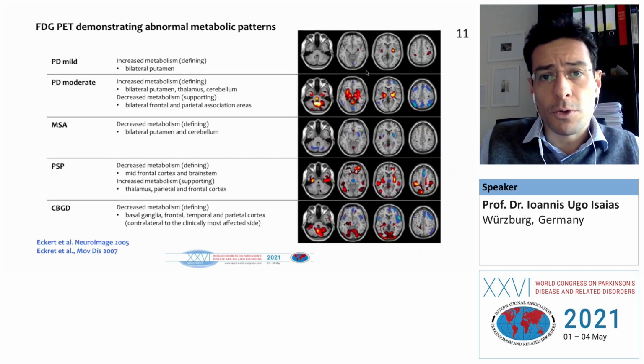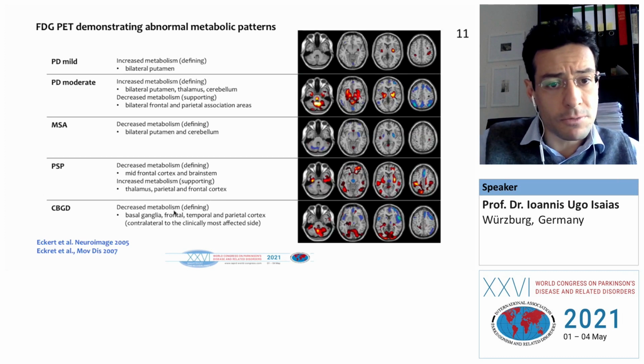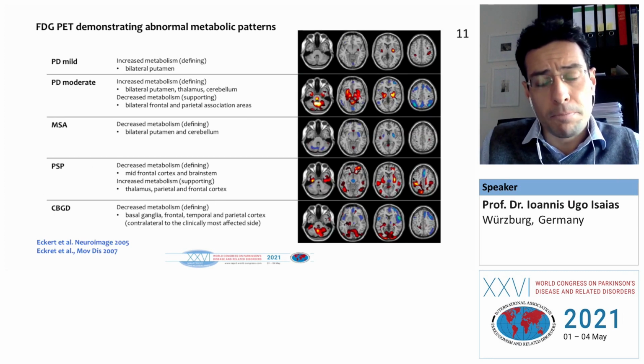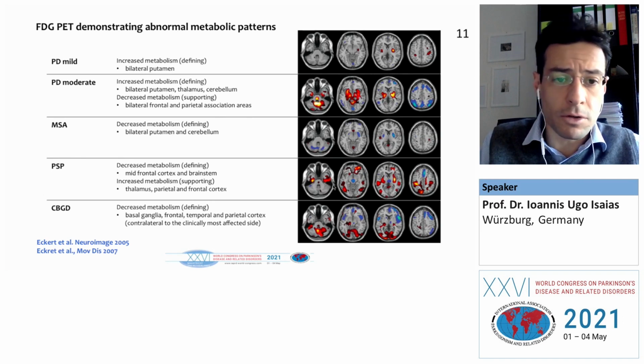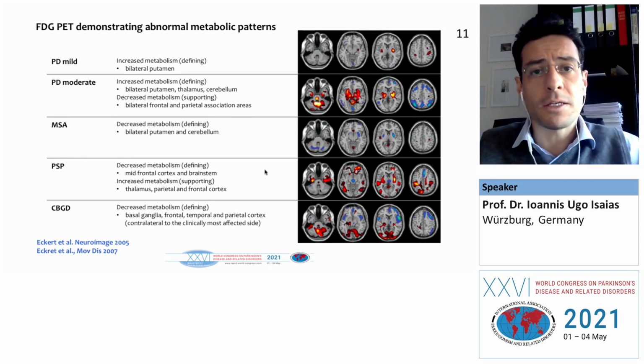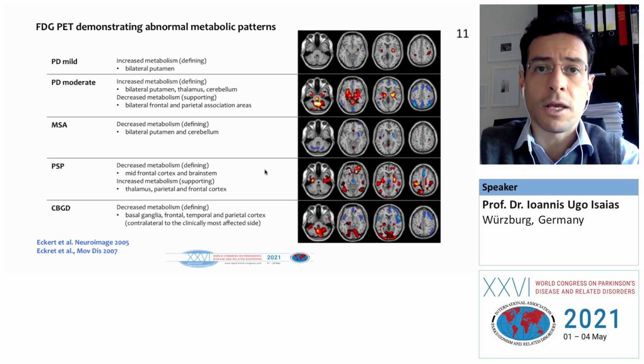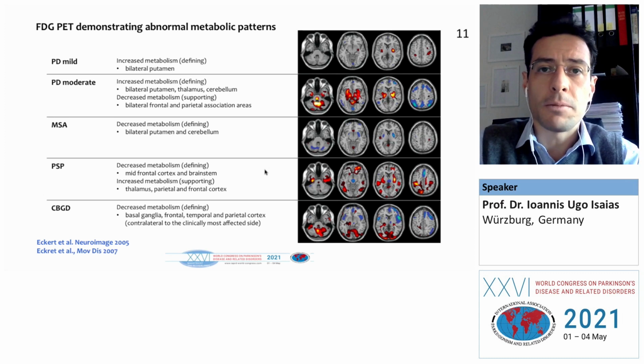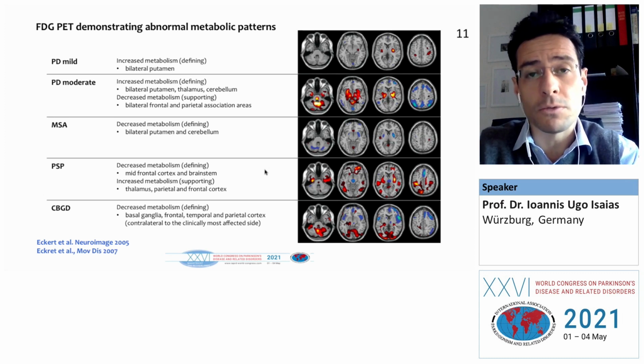With regards to glucose PET, please focus on the PSP line. Here we can identify in these patients several areas of increased or decreased metabolic consumption. Glucose PET is a PET study using glucose as a radioligand, which is radioactive glucose that can be taken up by the cell and cannot be metabolized further.